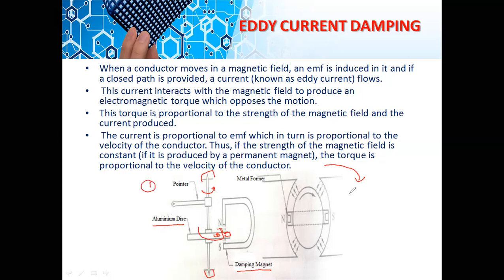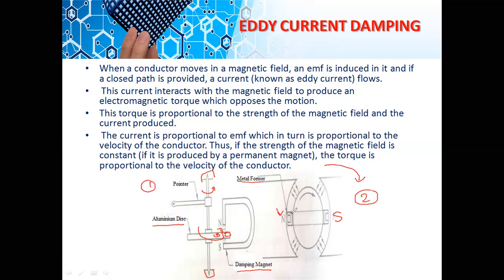There is another arrangement of the eddy current damping shown in the slide. And here you can see this is a north pole and you have a south pole here. There will be a magnetic field from north to south. And here you have an aluminum former. So this is some coil in a measuring instrument. And here you can see a metal former. This is a metal former on which you have a coil placed, something like that.